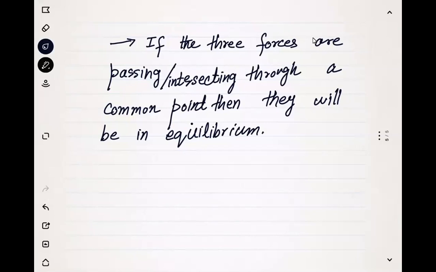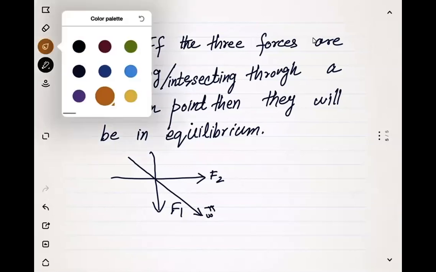So basically, if you get three forces like this is force F1, for example, this is force F2, and this is force F3. These three forces can be in equilibrium because they are passing through a common point.